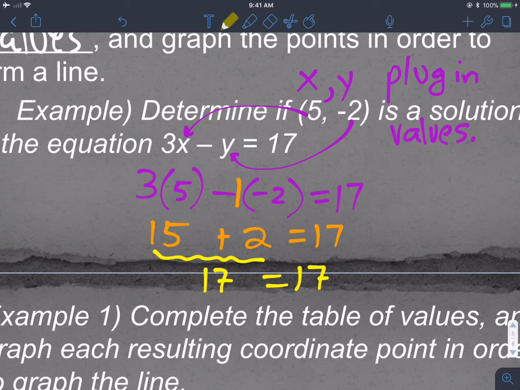So I get 17 is equal to 17. Is that true or false? It's true. It works. And that means that 5 comma negative 2 is a solution. So that's good.